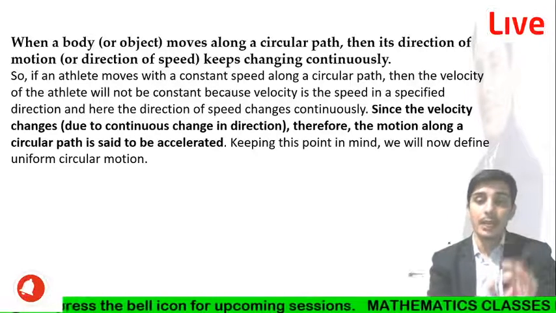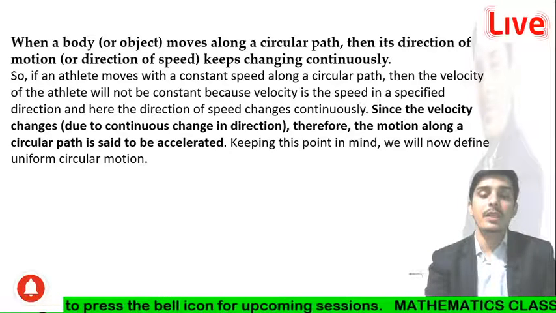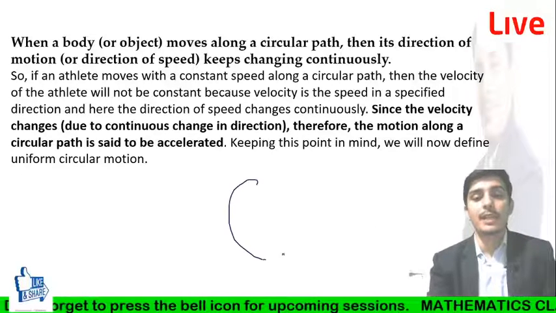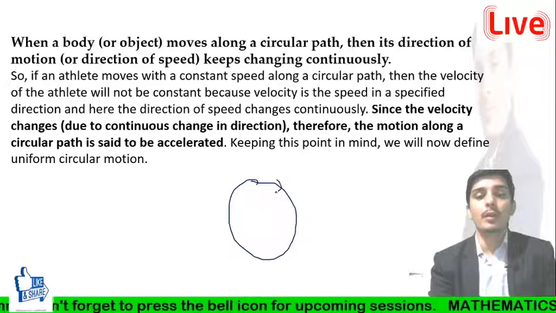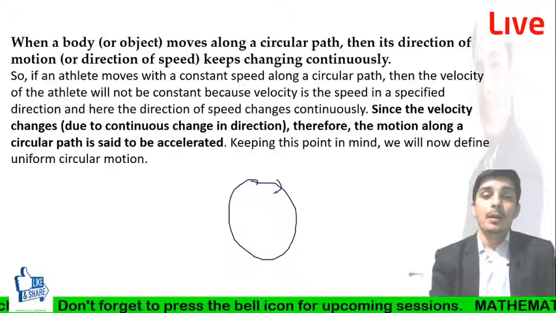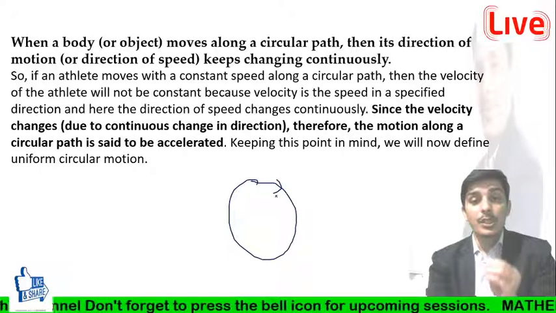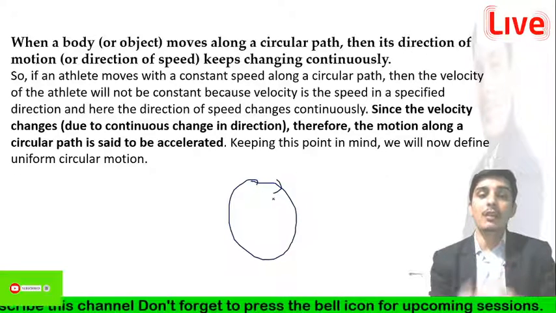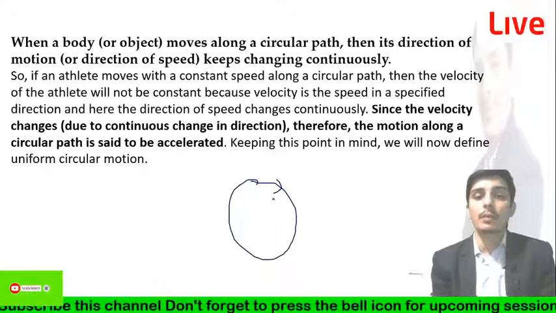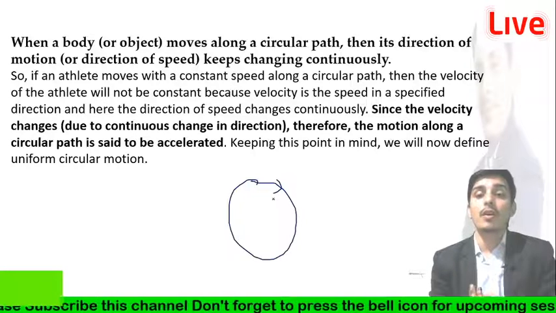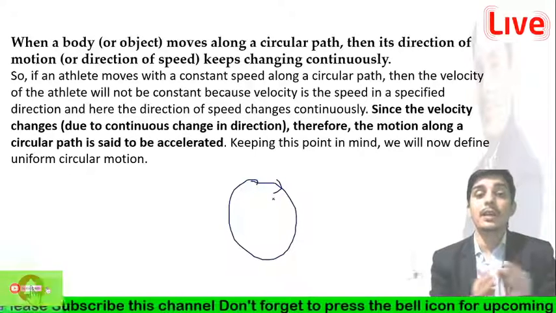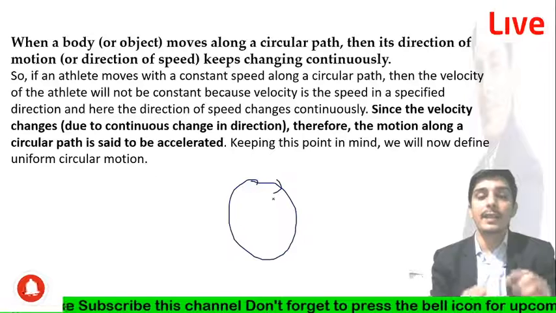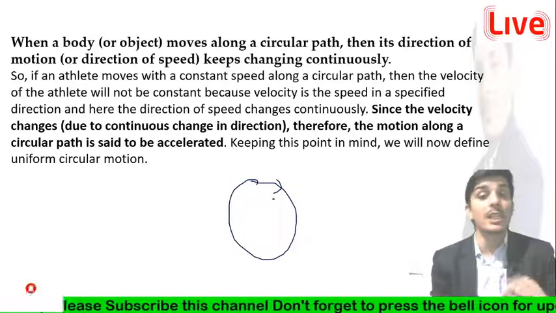Are you getting it? Take the example of any athlete running on a circular path at a constant speed. The velocity of the athlete will not be constant, because velocity is speed in a specified direction, and here the direction of speed changes continuously.